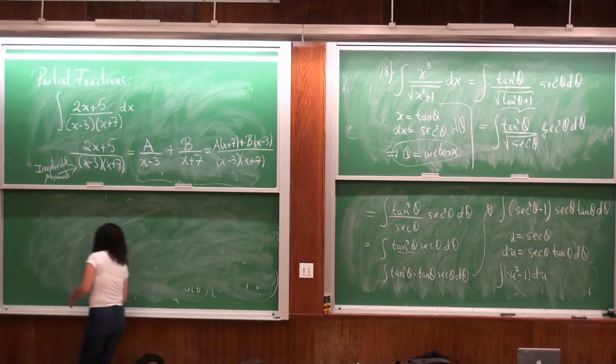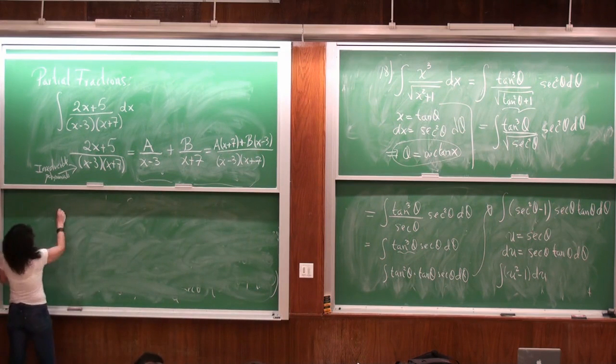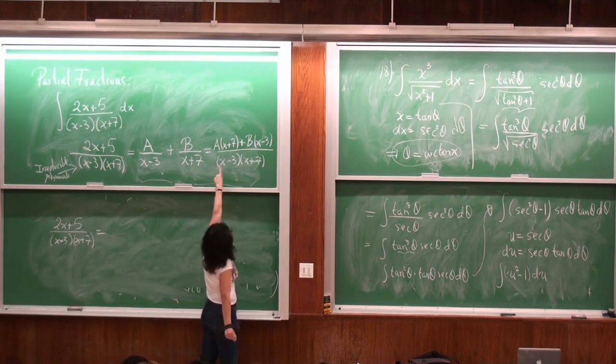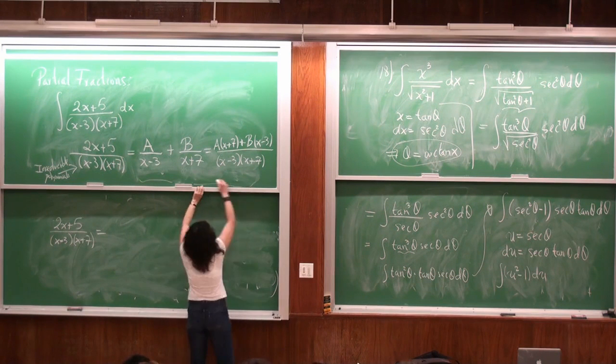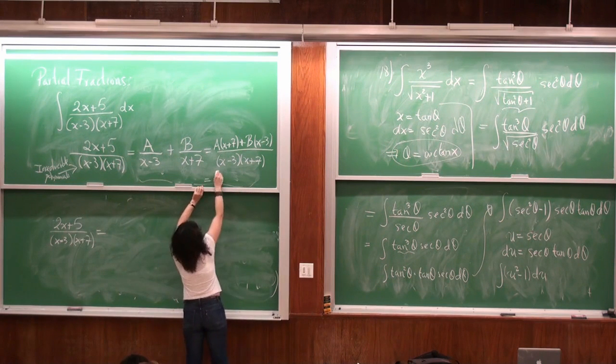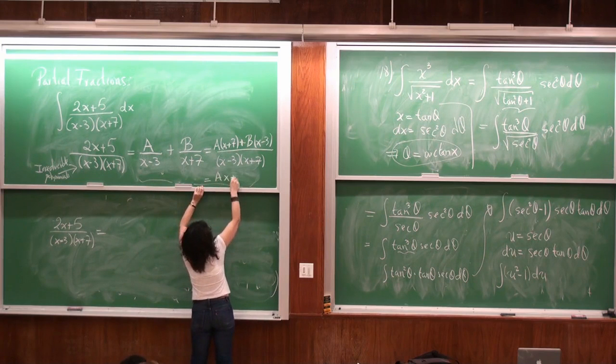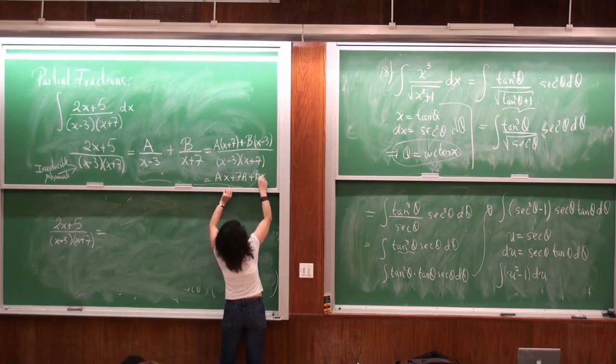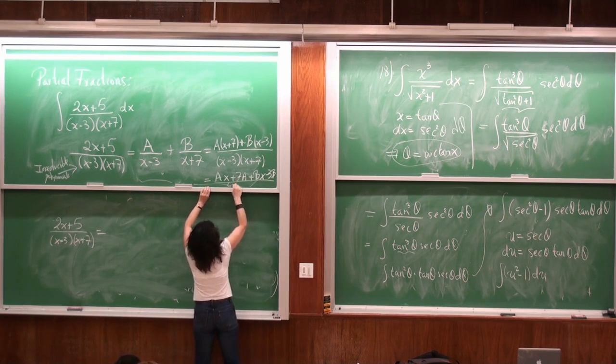Alright, so I like to write over here what I have. So I have 2x plus 5 over x minus 3 times x plus 7. And on this side, I took the common denominator, so I'm going to expand it, and it's going to look like this. The top looks like Ax plus 7A plus Bx minus 3B over the denominator.